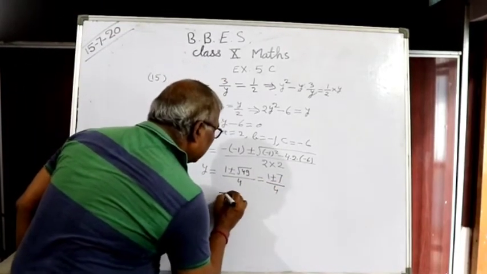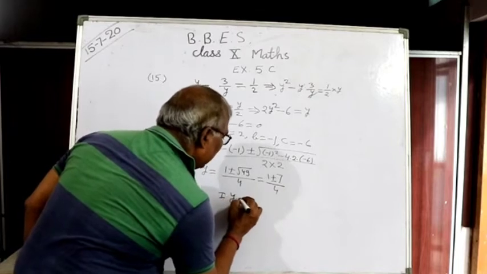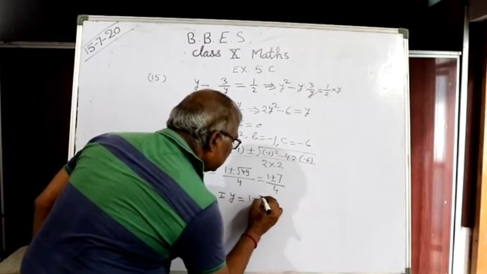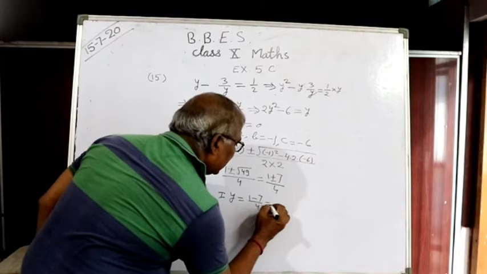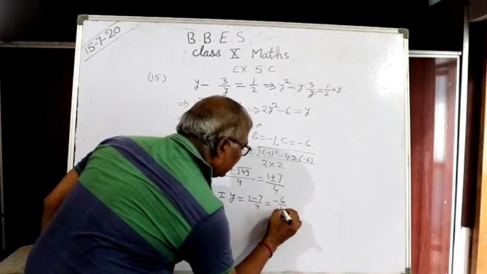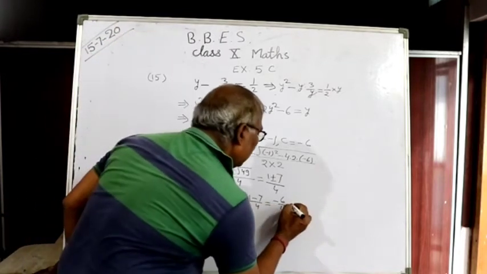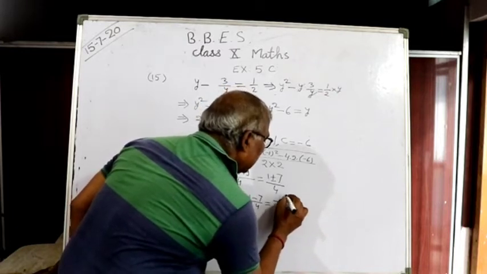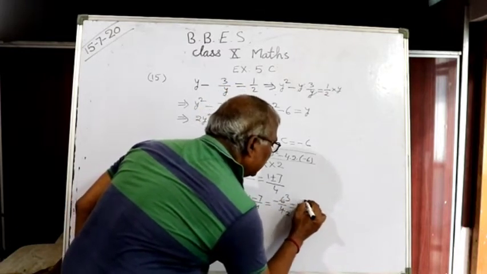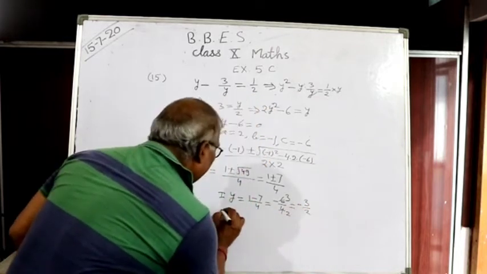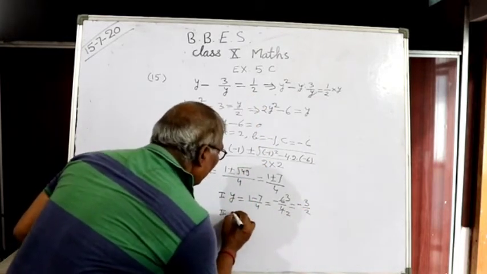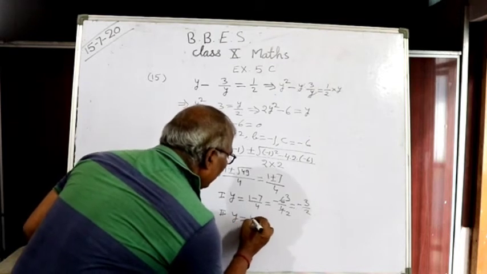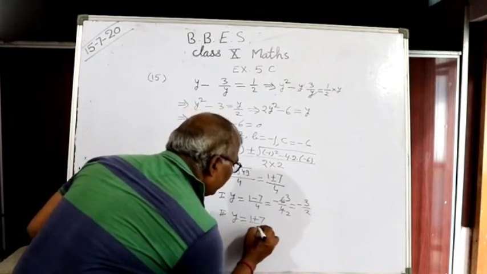The first root is y is equal to 1 minus 7 upon 4. This is equal to minus 6 upon 4. It is equal to minus, 2 3s are 6, 2 2s are 4, minus 3 by 2. And second, y is equal to 1 plus 7 upon 4.